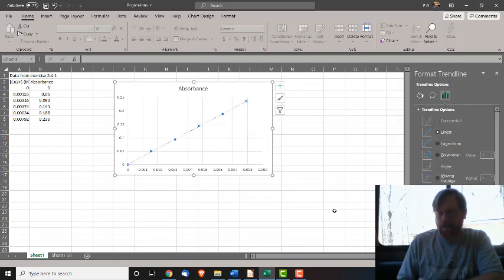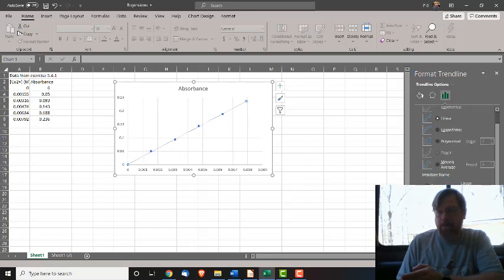Off here on the right, you see we've got these options for the trend line. Those look like a pretty straight line to me, so I'm going to leave it at linear, and tell it to give me the equation and the r-squared value.